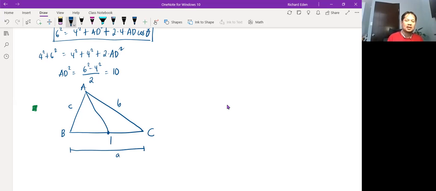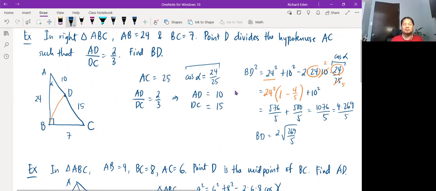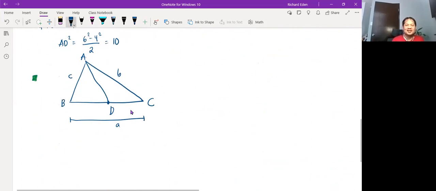Where D is the midpoint, I'm guessing. Not necessarily. The AD could be the median, AD could be the angle bisector, or AD is that orange segment which just connects a vertex with a point on the opposite side. Yes.